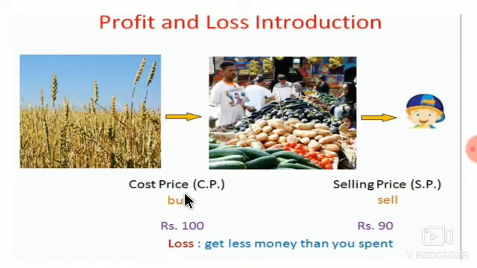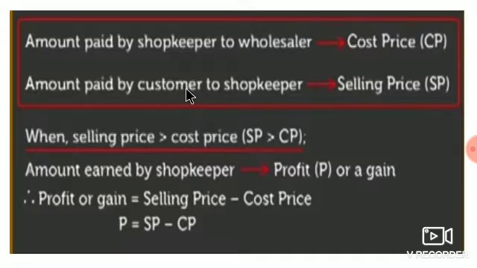Means if the cost price is 100 and the selling price is 90, he incurred a loss of 10 rupees. He gets 10 rupees less than he spent. So that is the loss.